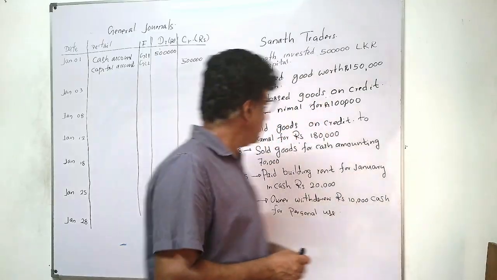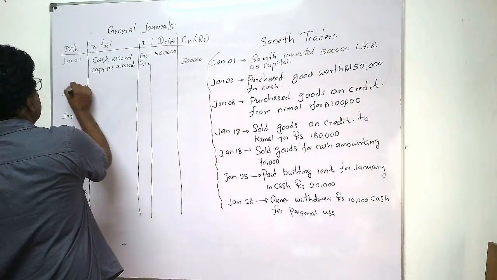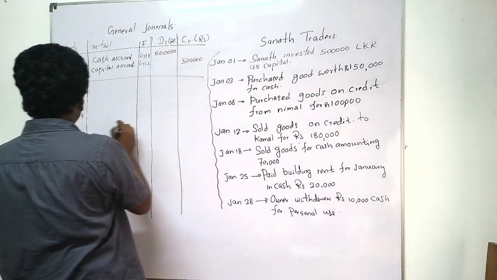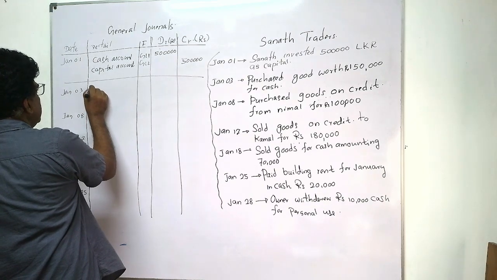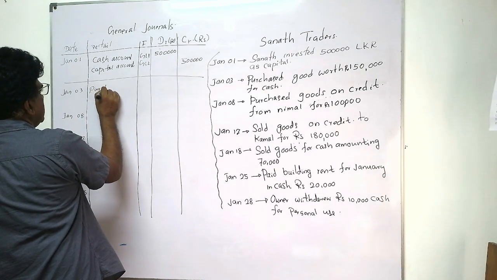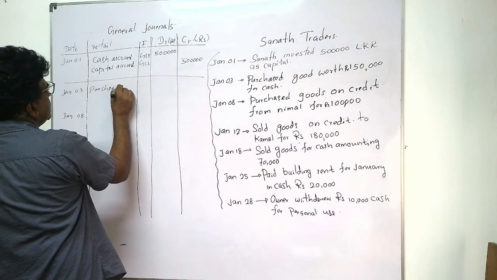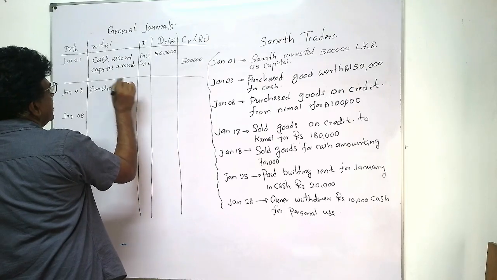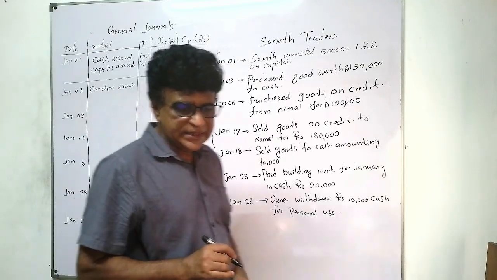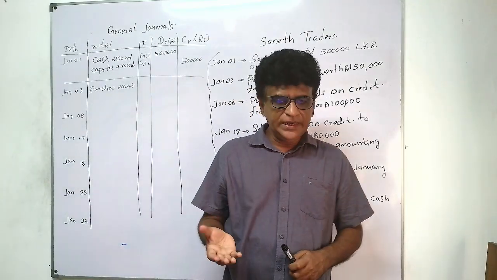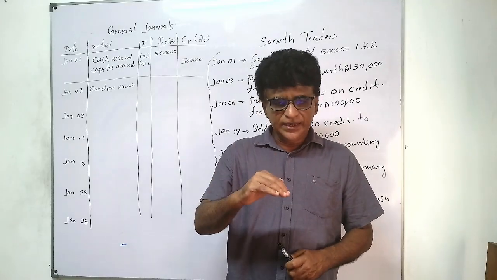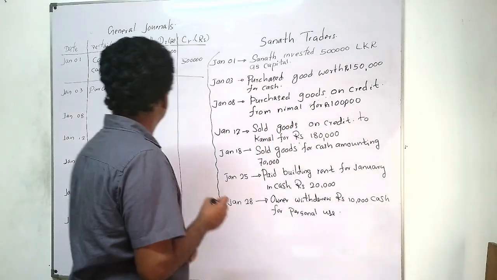Purchase account to be debited, and we have spent money. Then we have to credit the cash account.